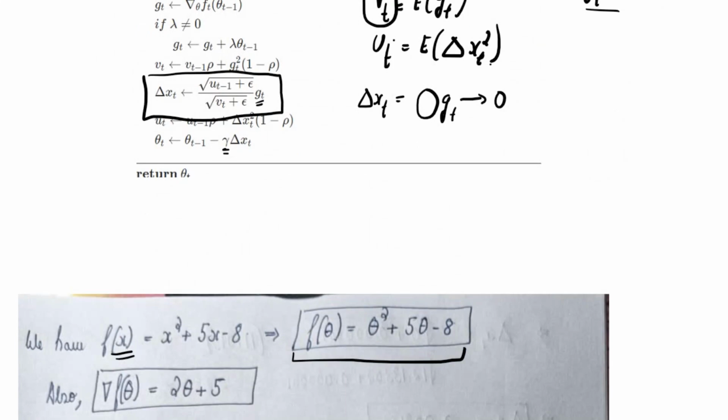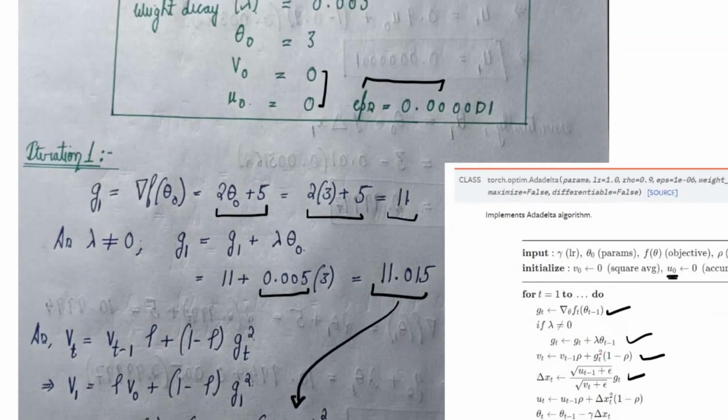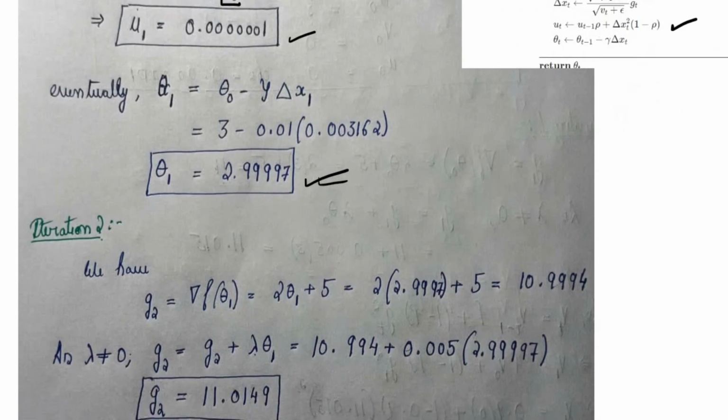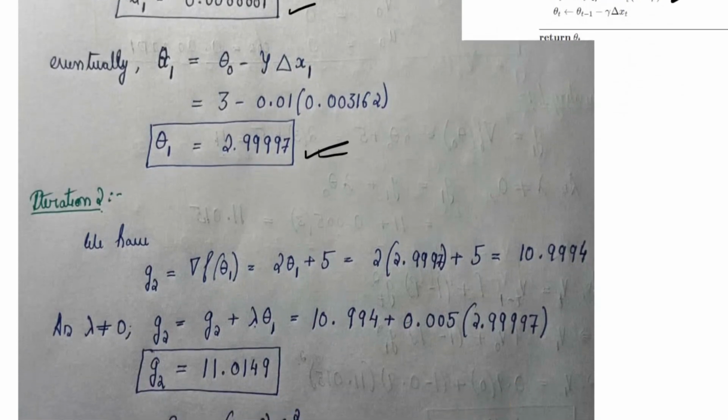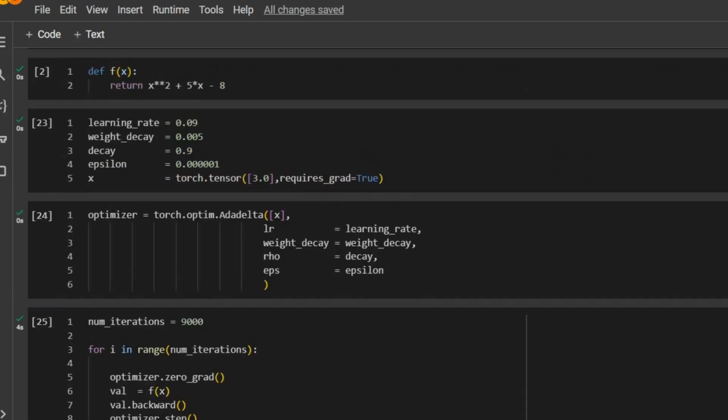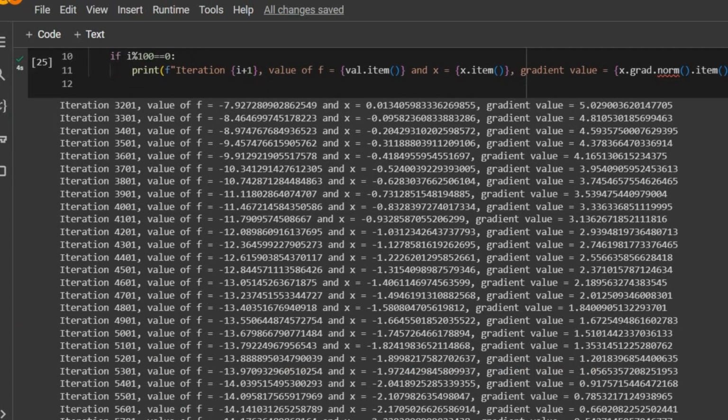We considered a small numerical example to get a pen and paper understanding of how the algorithm works. We did it for around 2 iterations on pen and paper, and after that we considered our code in Colab. We did the same implementation as we had done in the previous video for the same function, just that we updated the parameters of the AdaDelta optimizer, and we did it for around 9,000 iterations.